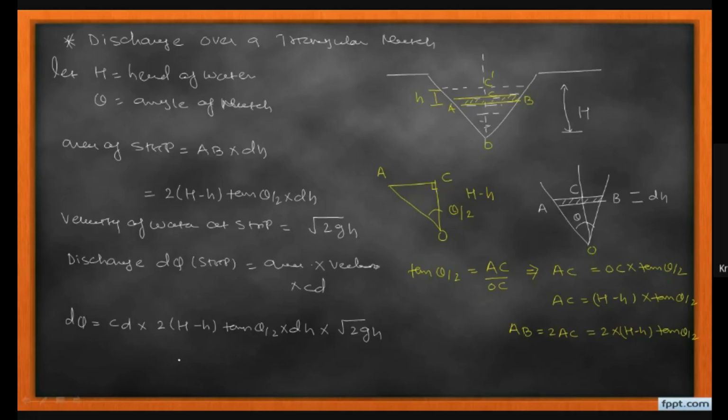And now for the total discharge, we need to do the integration. For total discharge, it is capital Q, which equals the integration of dQ. So we get Q equals integral from 0 to H of Cd into 2 into capital H minus small h into tan theta by 2 into dh. Now we take the common terms.